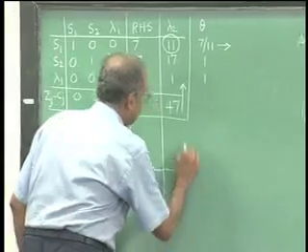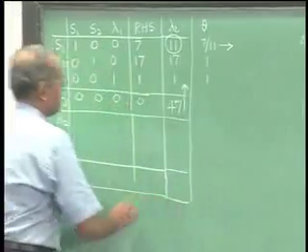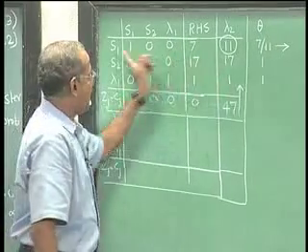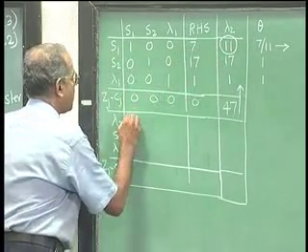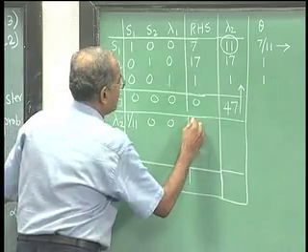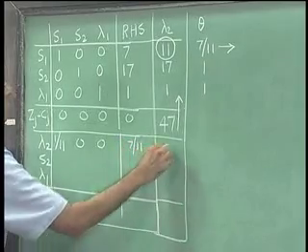Now, divide every element of the pivot row by the pivot element. So, we need a 1 0 0 here. So, divide by the pivot element. You get 1 by 11, 0, 0, 7 by 11, 1.